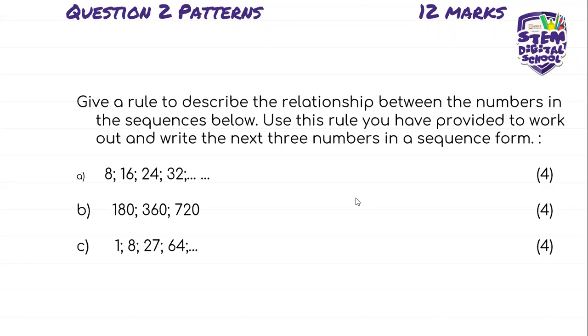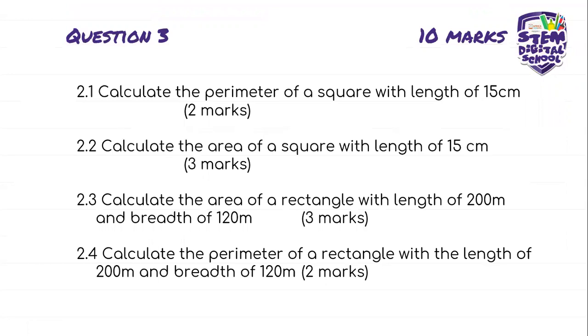Now we have to carry on. I'm sure you came across this question where you had to do the perimeter as well, to determine the perimeter of a square where you are given the length. The length in this case is 15 centimeters. If you wrote the other one, the difference may have been maybe 1.5 meters.